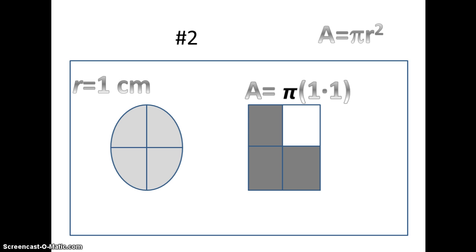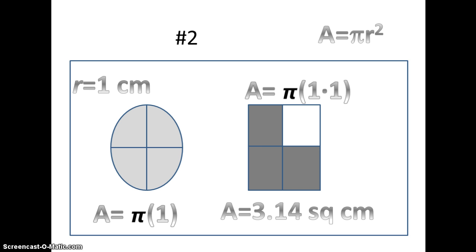Next step, pi times 1 squared, or 1 times 1, which means we're basically going to multiply 3.14 times 1. So what do you think the area of the circle with a radius of 1 will be? Yay, that's right. It's 3.14 square centimeters.